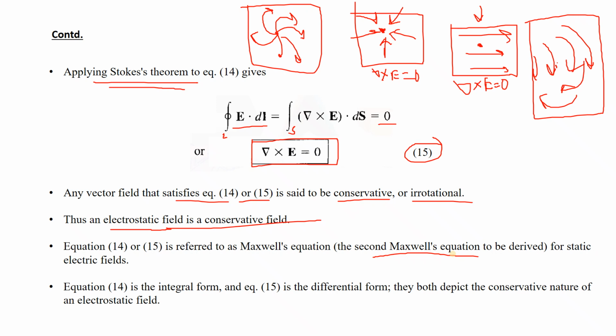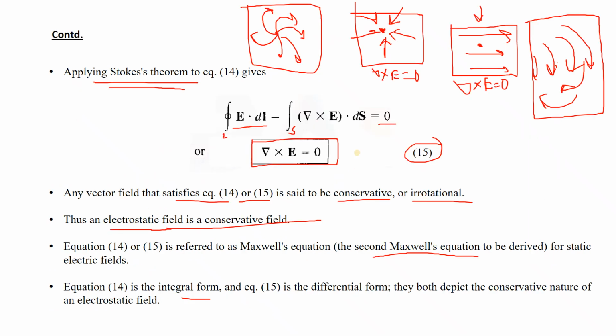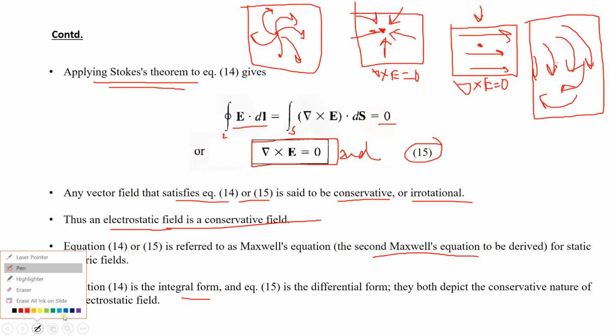It is the second Maxwell's equation, because the first Maxwell's equation was with respect to the volume integral. If you remember, divergence of D equals rho v was the first Maxwell's equation, and the second Maxwell's equation is that the curl of E is 0. Equation number 14 is also the second Maxwell's equation, and 15 is also the second Maxwell's equation, but in two different forms.